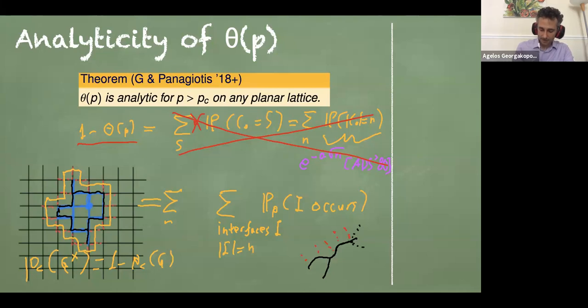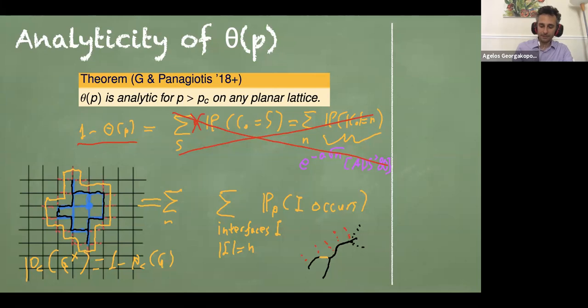The important thing to see here is this edge. This is part of the first interface, so the first interface insists that it is open. But if you look at the second interface, it's part of its boundary. So the second interface insists that this edge is closed. So the two interfaces cannot occur simultaneously.